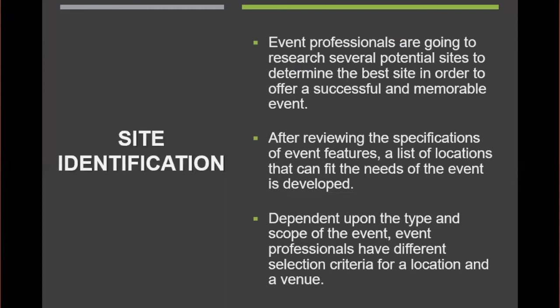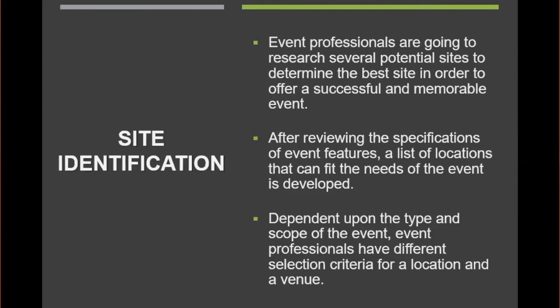Site identification is basically where the event professional does actual research to find several potential sites and then determines the one that best suits the kind of events they are going to organize, to make sure that it will be successful and memorable. Remember, Momo told us that they already had one space in mind, but they realized that this space was not good enough, so they went for another space. And that is exactly what we will be doing in the site identification stage.